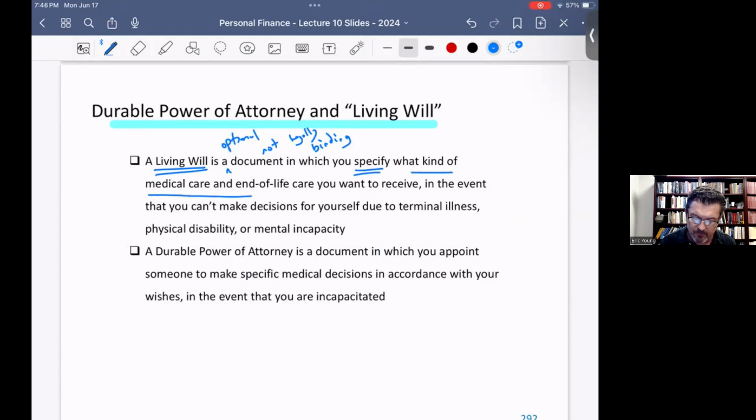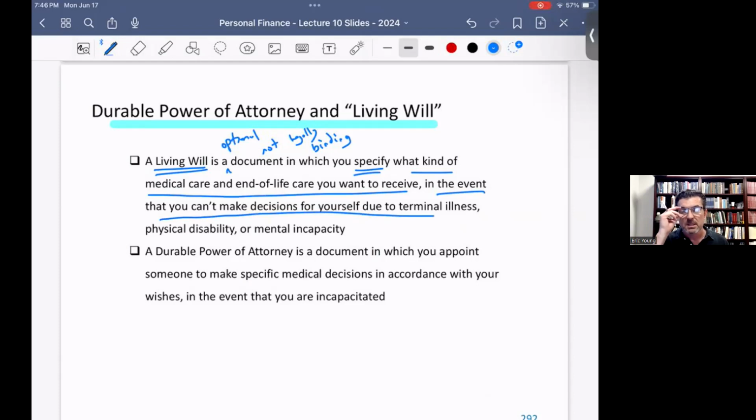Number one, primarily, what kind of end-of-life medical care do you want, and do you refuse, in the event that you can't make decisions for yourself?